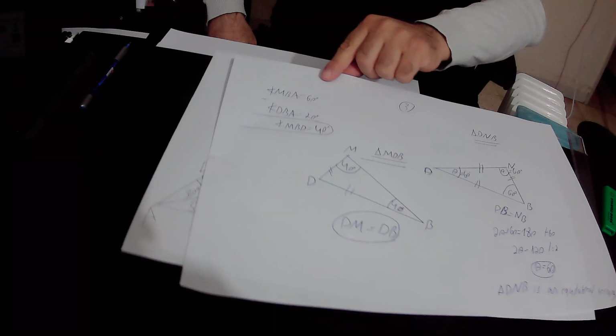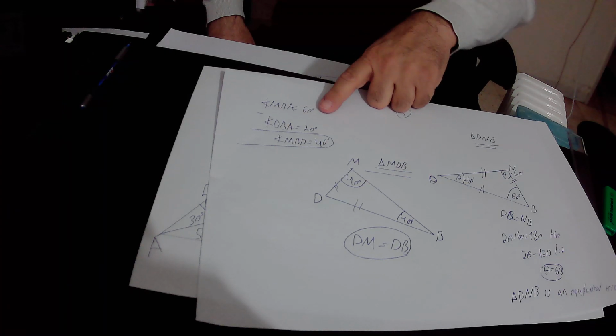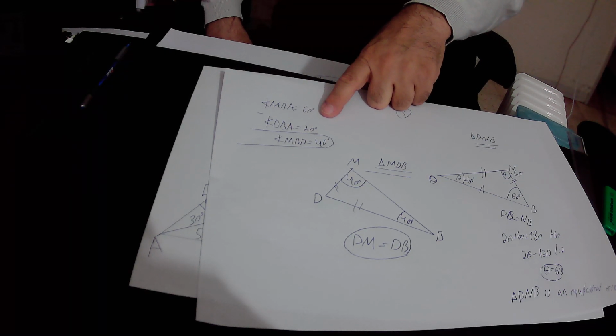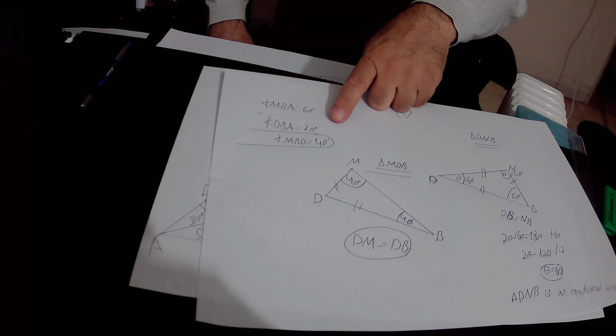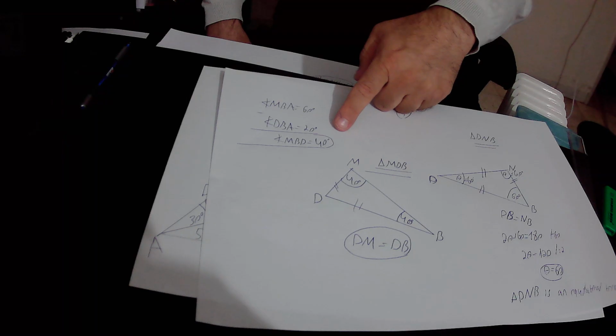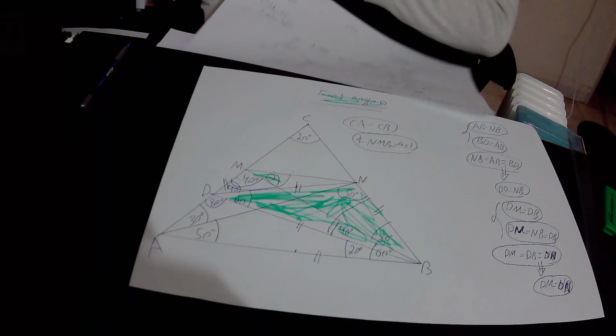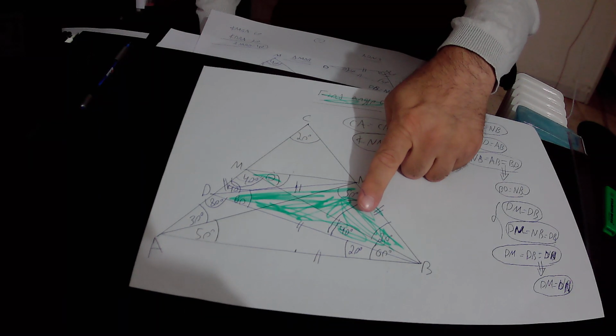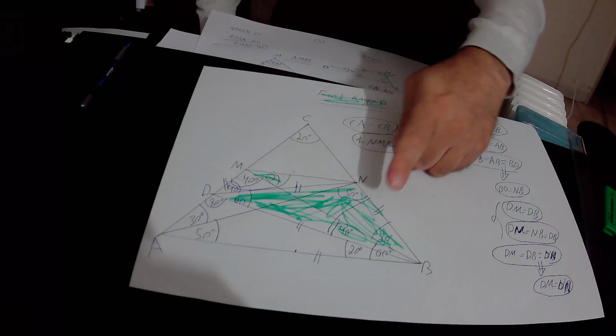So 60 minus 20 is 40, so the missing angle MBD equals 40 degrees in size. This is the missing angle MBD that is equal to 40 degrees.